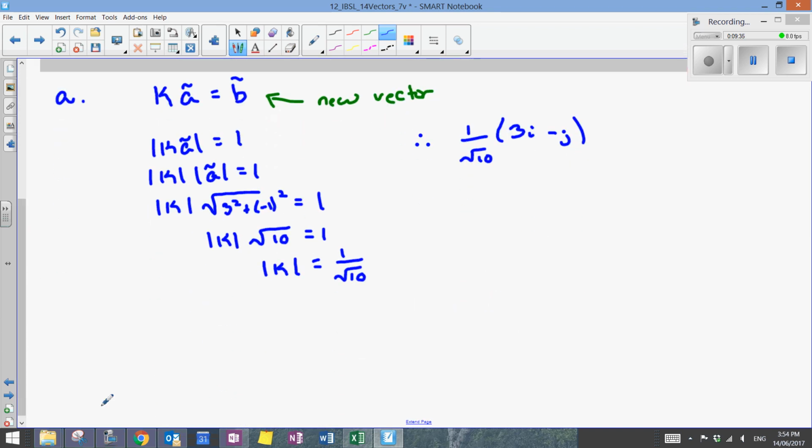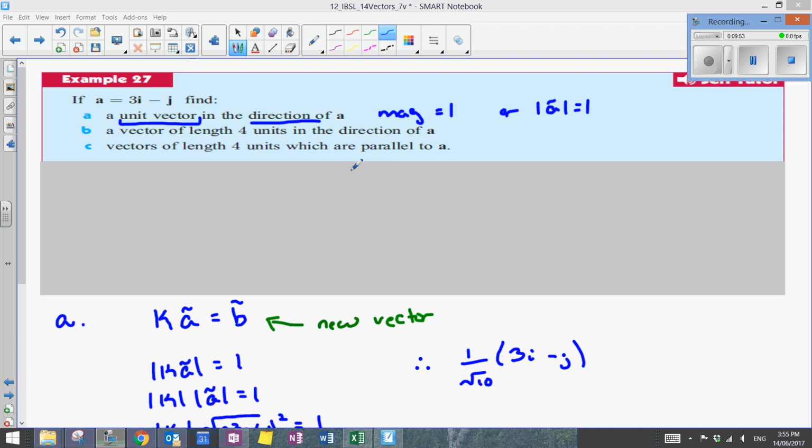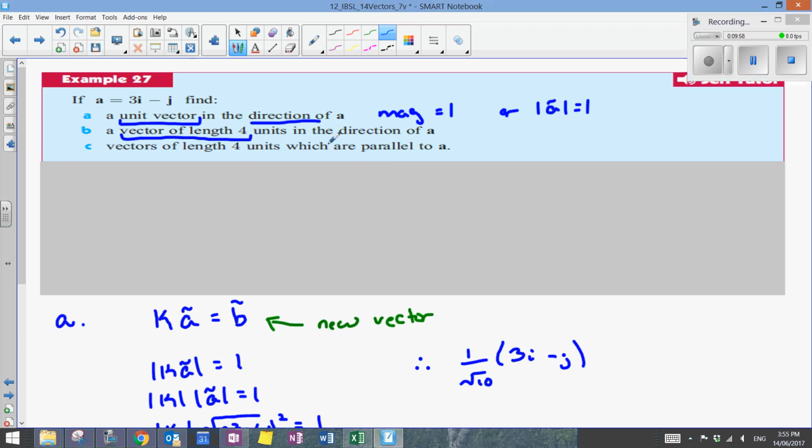So for part B, in order for me to make my vector 4 units long, I would multiply it by 4. So we will take 4 over the square root of 10 and keep it in the same direction as the original vector 3i minus j. So we have satisfied a vector of length 4 units, and we kept it in the same direction as vector A.